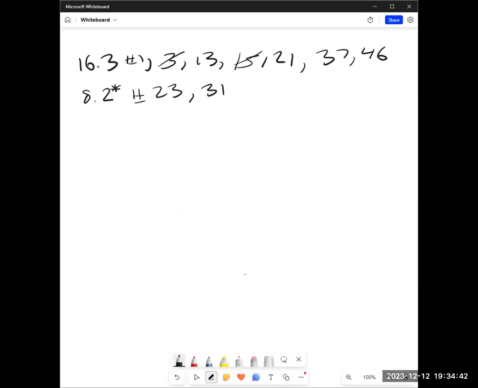Let's do one like number 21 now. y squared minus 10y plus 20 is equal to 0.